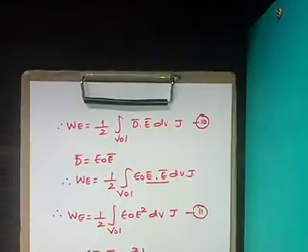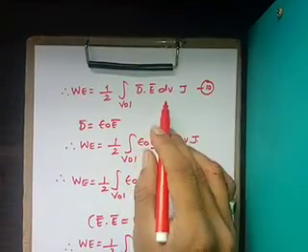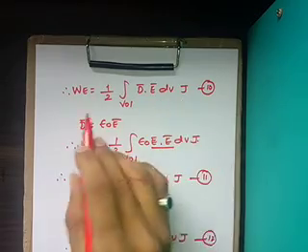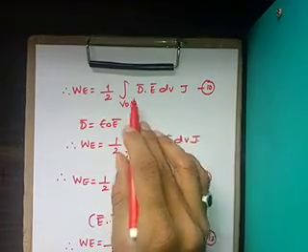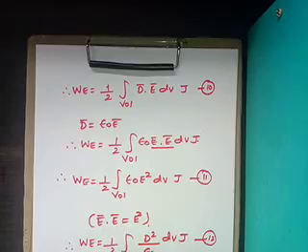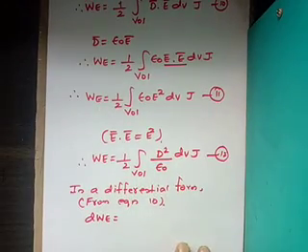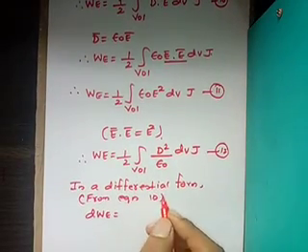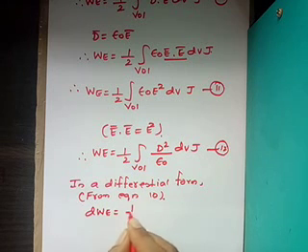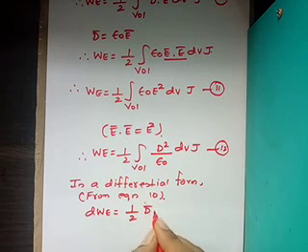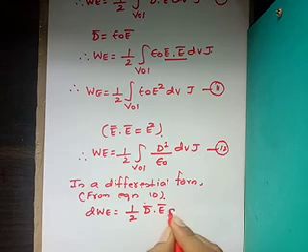W is equal to half volume integral d bar dot E bar dv joules. If I differentiate this, the differentiation of the integral is the term itself, so dwe will be equal to half of d bar dot E bar dv.